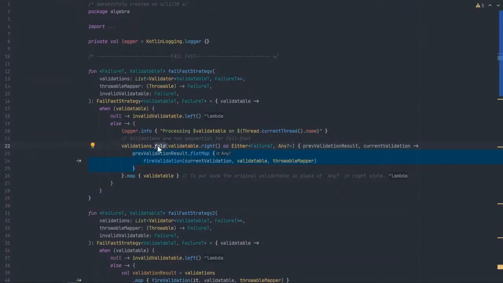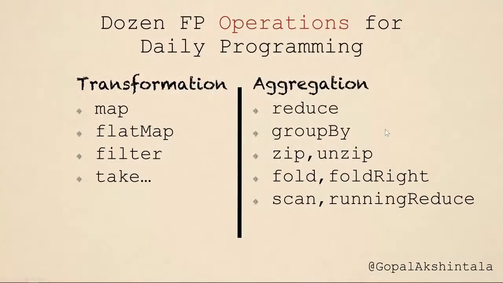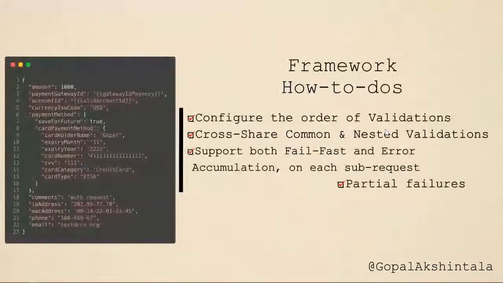So if you are reading a different language, you know what is going on if you see a fold there. The same applies to all these other operations. It is a rich operation set that is first-hand in Kotlin, which is great. If you're using Java, you have to depend on libraries like Vavr. That's the best part of being a Kotlin developer.